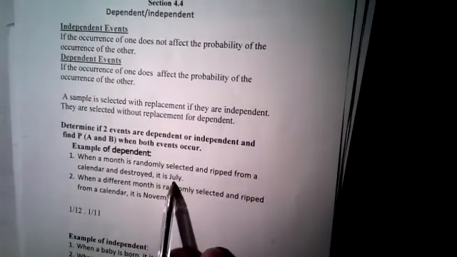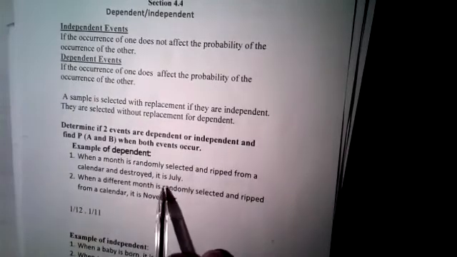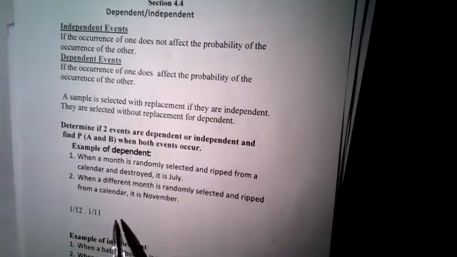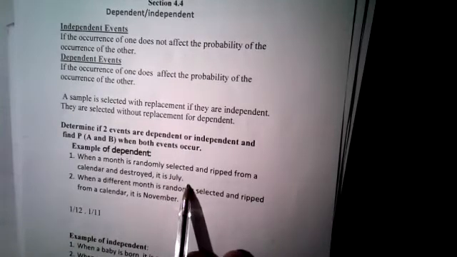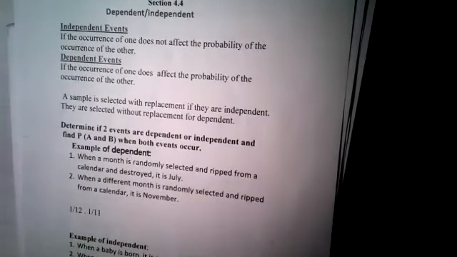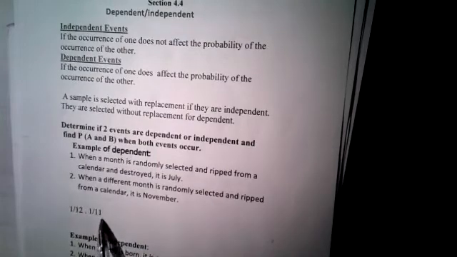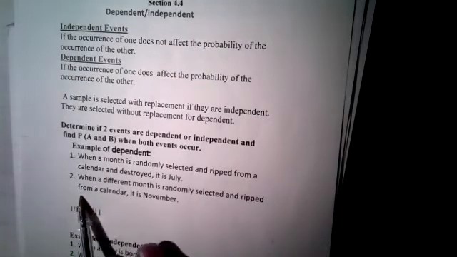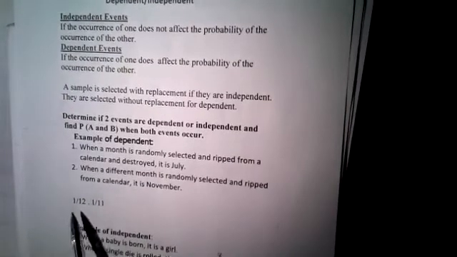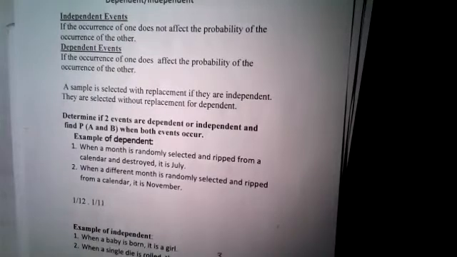What's the probability it's July? 1/12. But since you take a page out, that page is not there anymore. So when you go for the second time to pull a page out to see if it's July or not, the probability changes because now there are 11 pages. So this is an example of two events being dependent, because the first event impacts the second one.